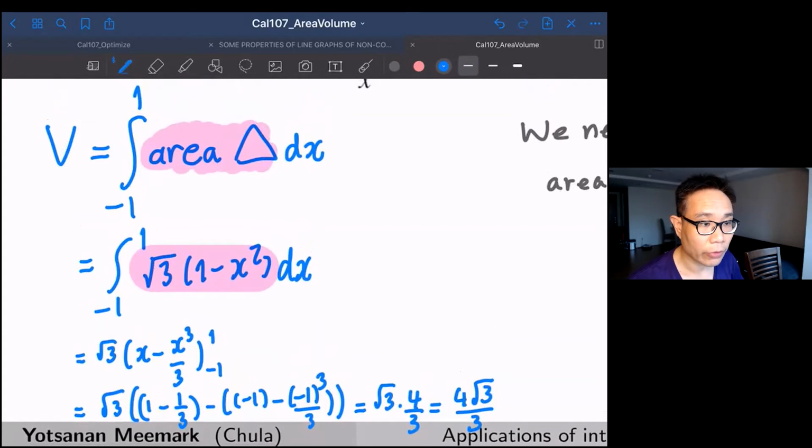Sorry, this isn't computing the area: you integrate the area, and you get the volume of the solid. The cross-section is an equilateral triangle, the base is a circle, and you integrate over the interval negative 1 to 1 and obtain the volume.